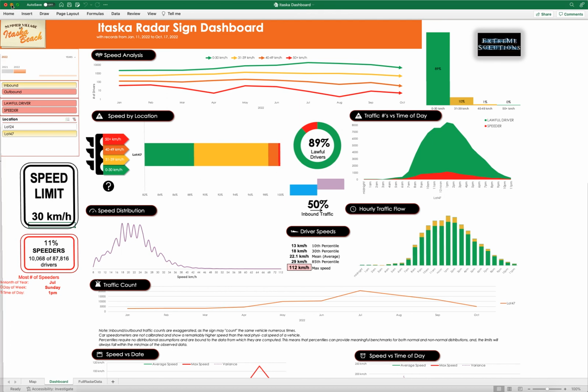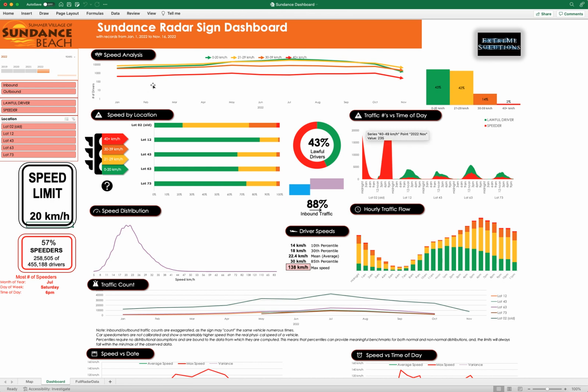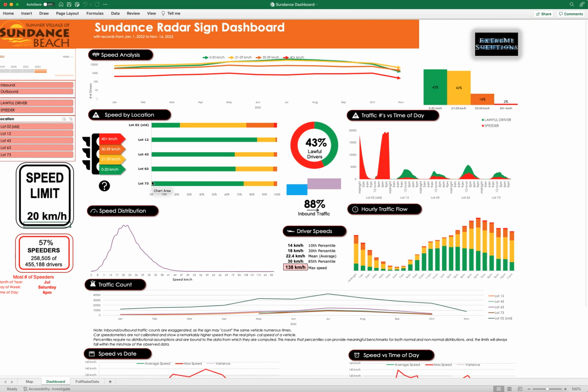The other thing I wanted to show you was in this summer village, we have more cameras set up, but you can immediately see something is going on with lot 2. These ones here have pretty consistent speeders, and most people are following that. There's a bigger green line, so most people are following the speed limit, but not at lot 2.